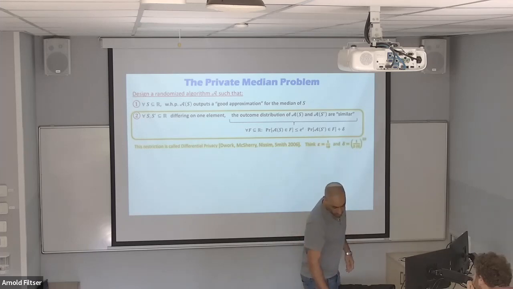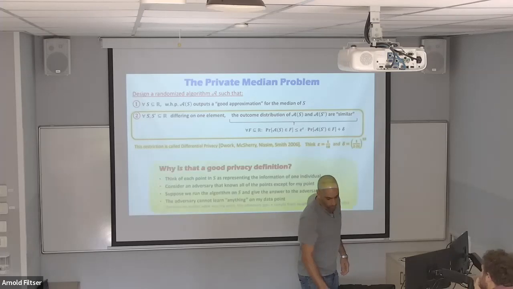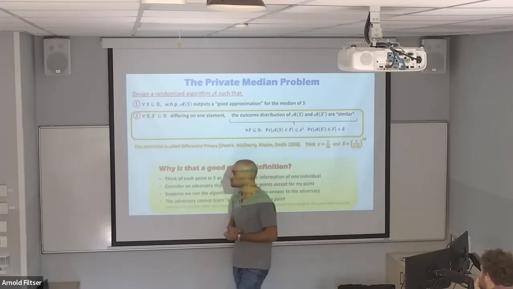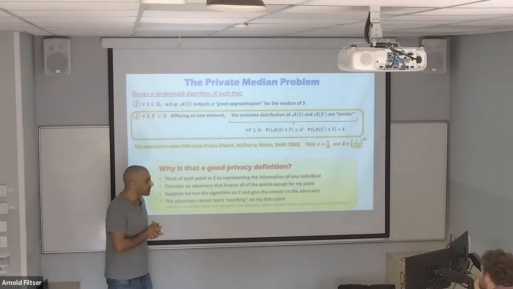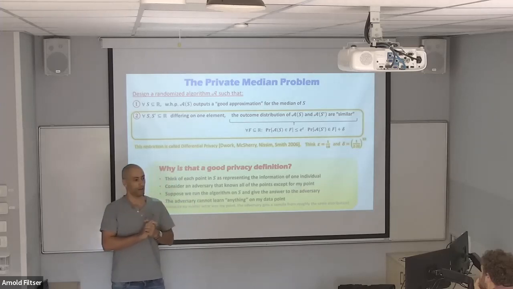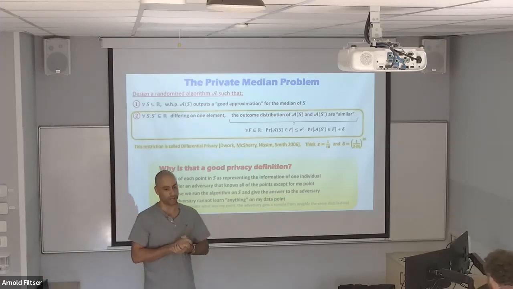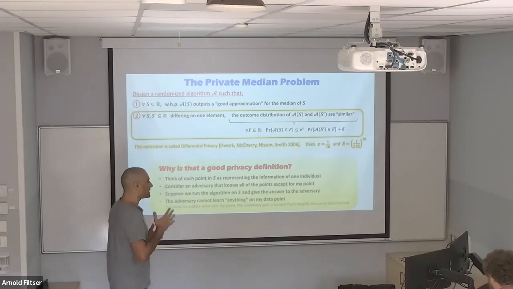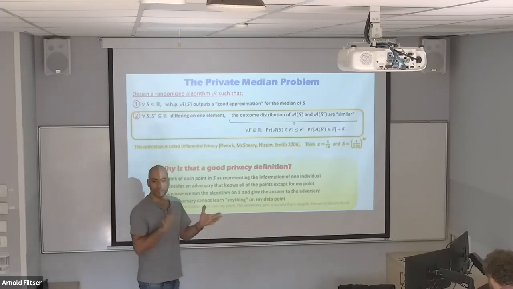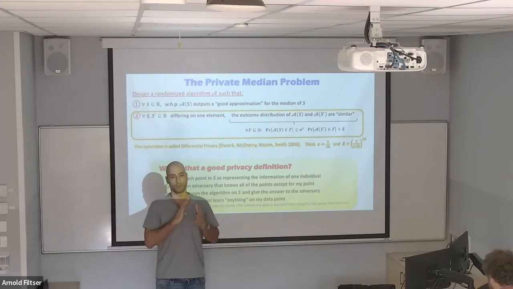Okay, so that's the definition of differential privacy. Why is that a good privacy definition? Let's think about a data set containing the information of individuals. Every individual's information in the data set is a real number, for example, blood sugar level. And let's say that an adversary knows all of this data set except for my point.